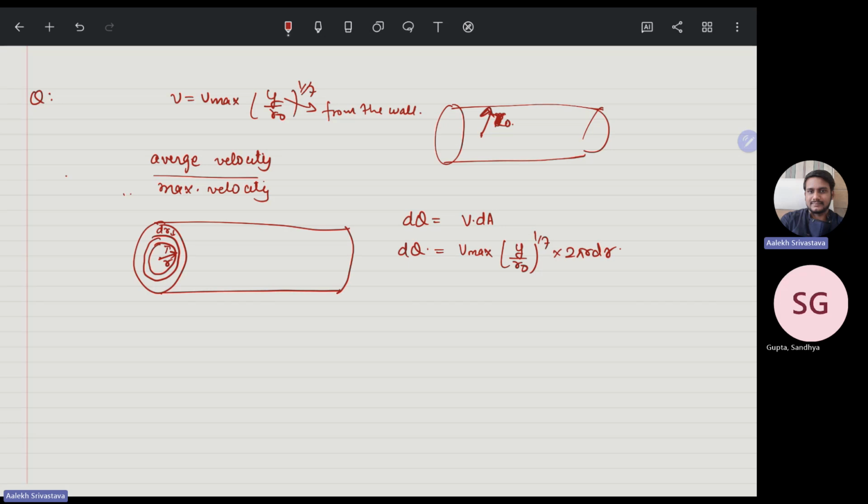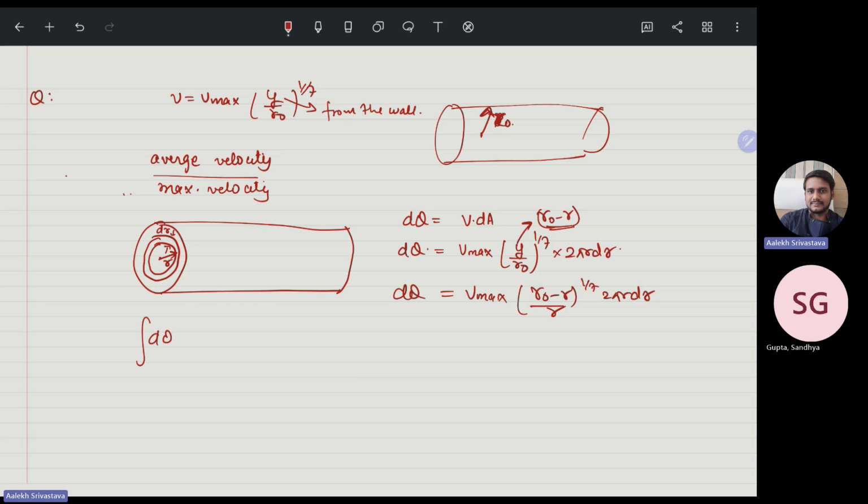If density is not a function of y, and y can be changed to r0 minus r, because y is measured from the wall while r is measured from the center. So it is V max into r0 minus r by r0 raised to the power 1 by 7 into 2 pi r dr. This is your small flow rate.